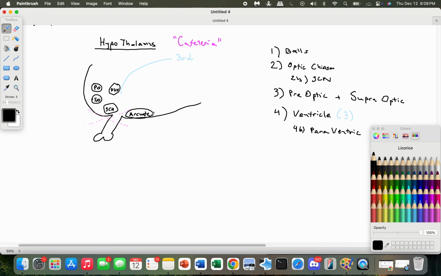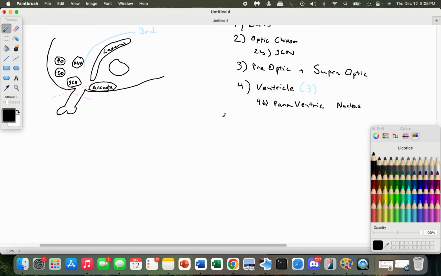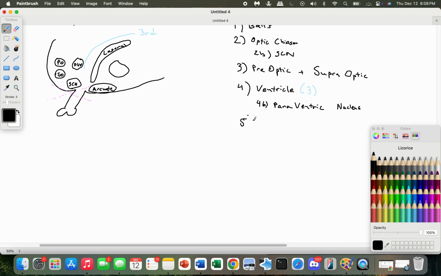So if this is the metabolism, well, you can't do metabolism without actually eating, right? So that's going to be two major nuclei. So this long one that I drew is going to be called your lateral. Okay, and let me go back to the order here. So after we did the paraventricular, we did the arcuate, and we're moving on to the lateral.